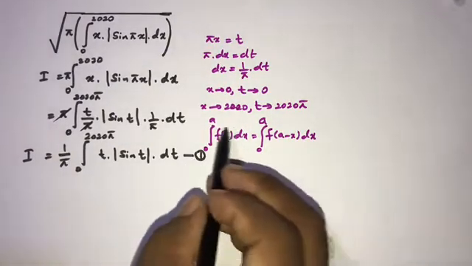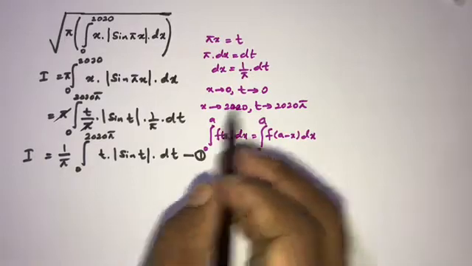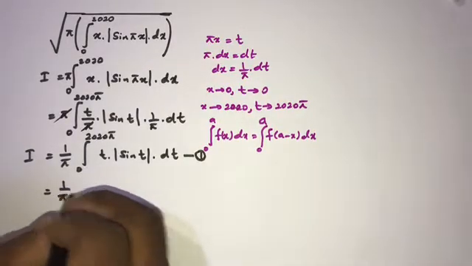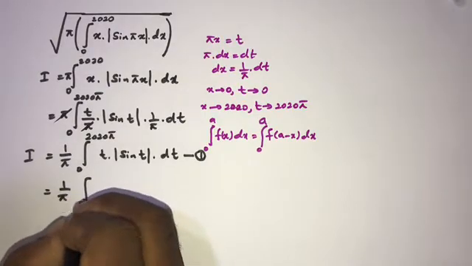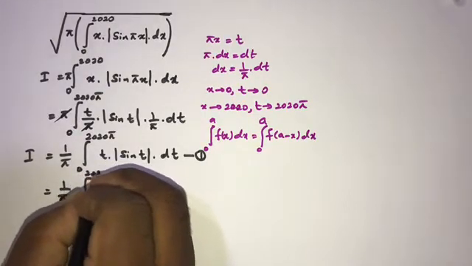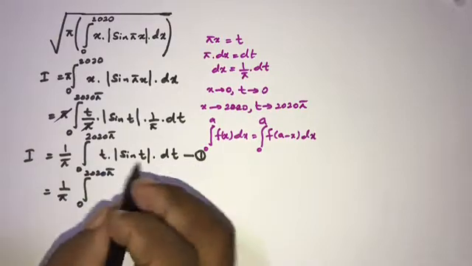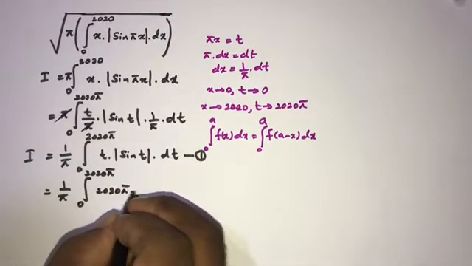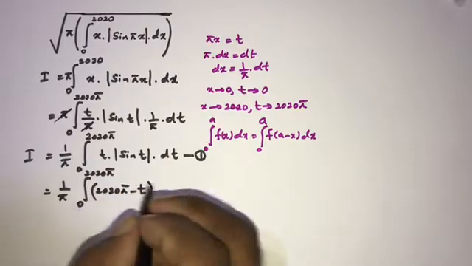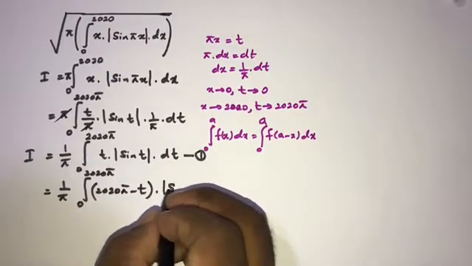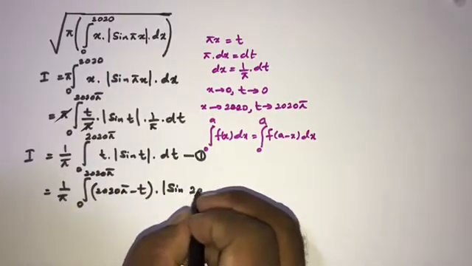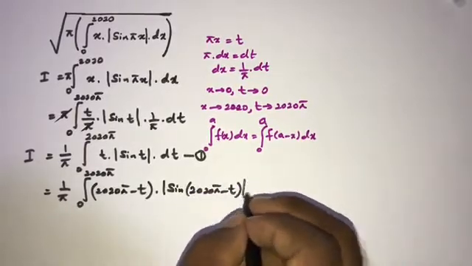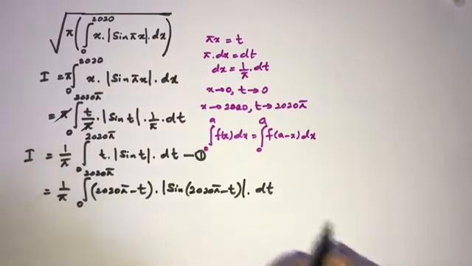Now we can apply this formula, King's rule. So here we can write 1 over pi, integral from 0 to 2020 times pi, now t is replaced by 2020 times pi minus t, here absolute value of sine of 2020 pi minus t dt.